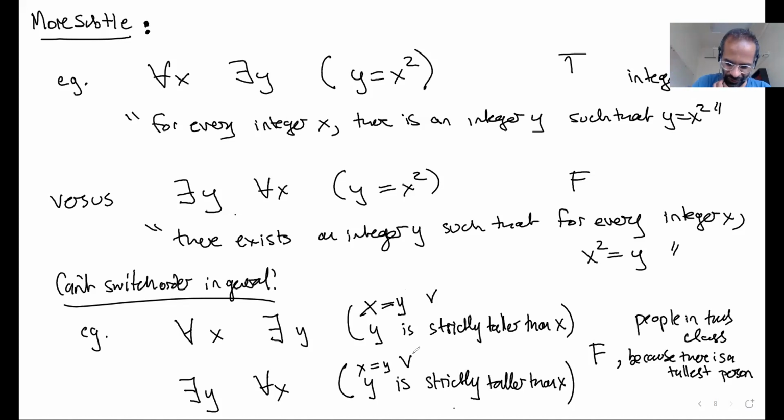So now the first statement is, for every person, there is a person who's either equal to them or strictly taller than them. Actually, no, sorry, that messes it up, because for every person there is a person equal to them. Okay, fine, let's just leave these as false. Maybe this wasn't a good example, but you can see that the meaning of these statements is different, that they're false for different reasons. So the general point I want to emphasize here is that you can't switch the order in general.